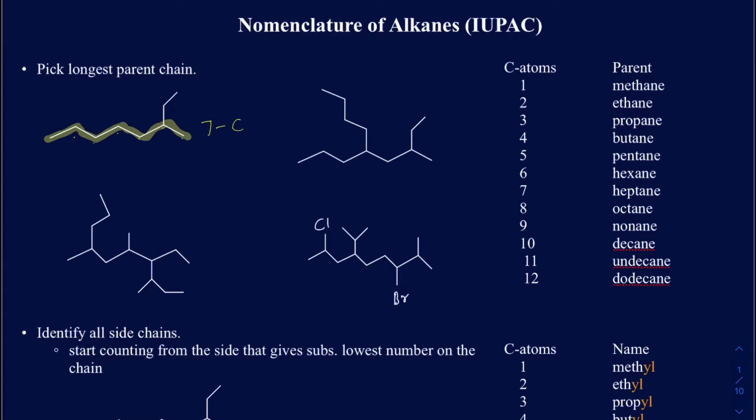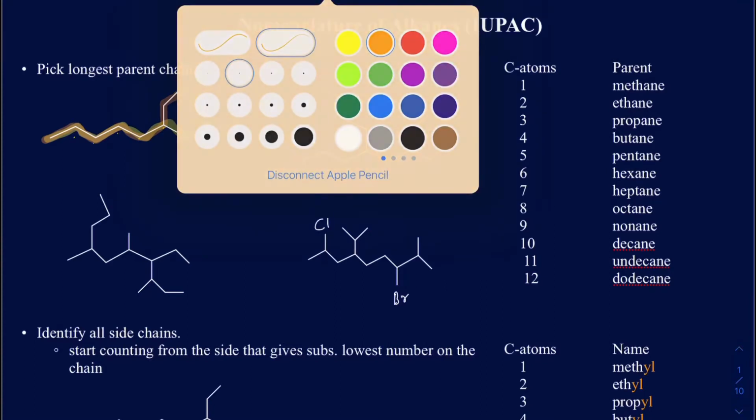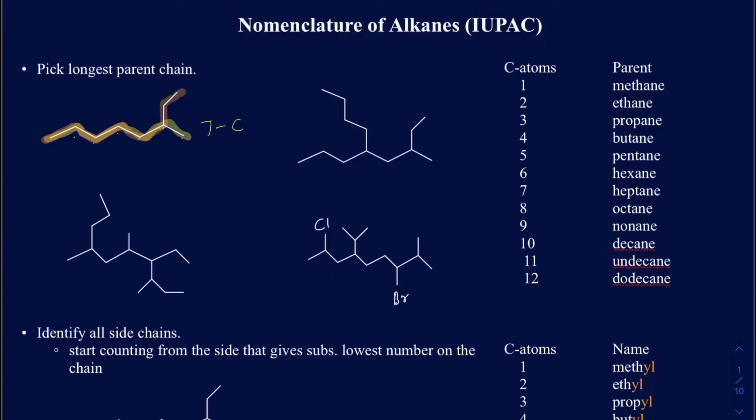But then at the same time, I want to make sure I explore all the possibilities of picking the longest chain. And if I focus on the other one, what if I have this as my longest chain? Okay, so going all the way up now. And now when I count this as the longest chain, let's see how many carbons we got.